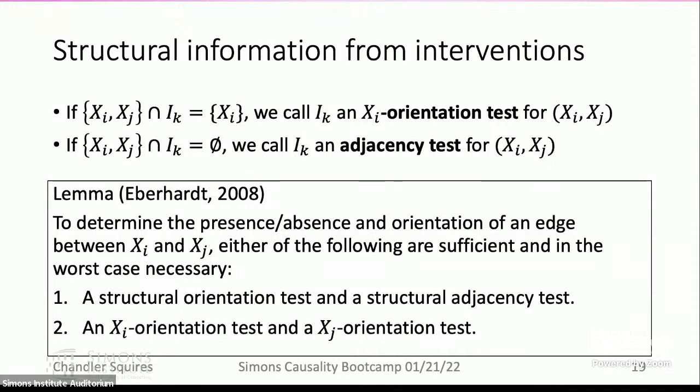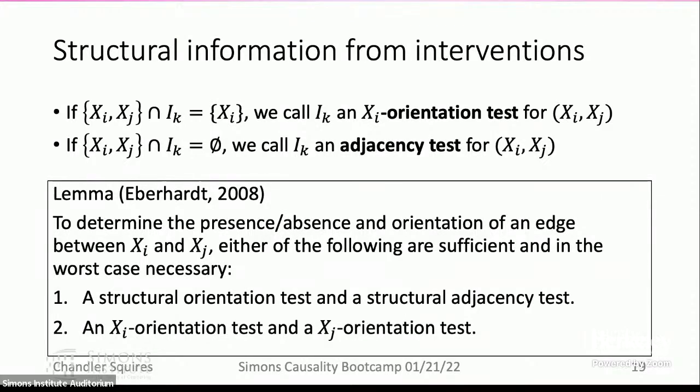So the first condition, which is the condition that we'll mostly be working with when we have observational data, is that we need a structural adjacency test, which is fulfilled if we have observational data. And then we just need a structural orientation test on one of the variables.